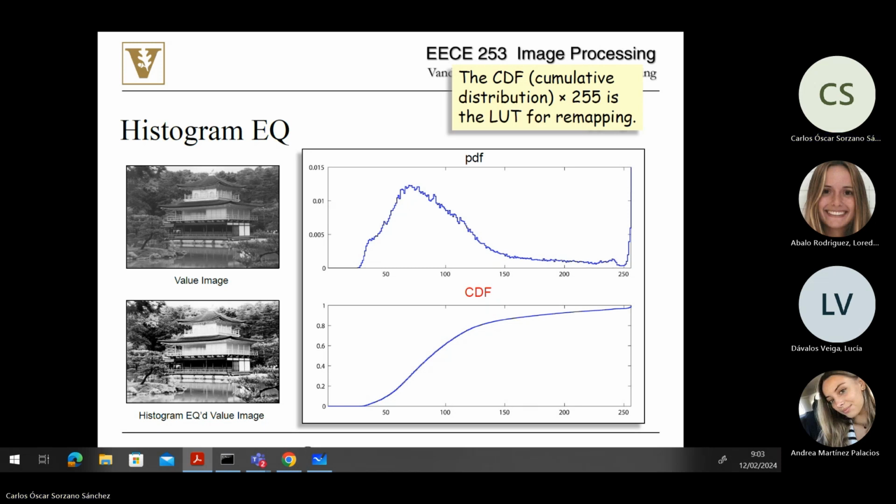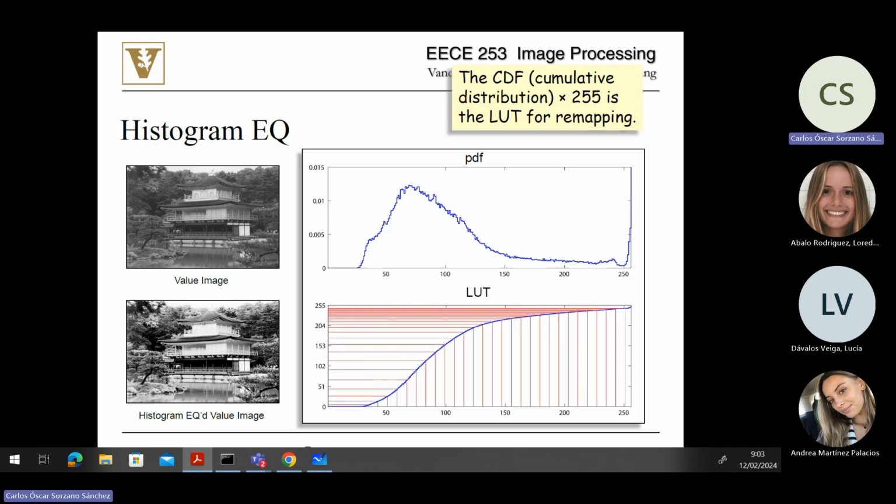We have scaled the CDF to between 0 and 255 and transformed it into a lookup table. If you see this value, you have to substitute it by this one.